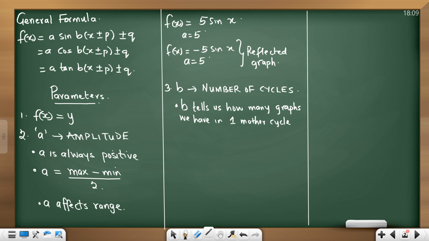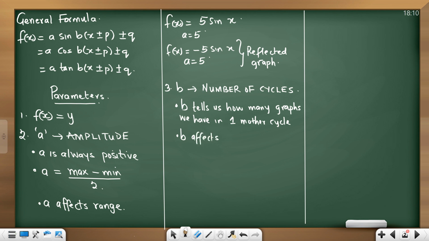That B is a number. It tells us the number of graphs we have in one mother cycle. You'll understand what I mean by mother cycle. Mother cycle is what we learned from grade 10. B affects the period.